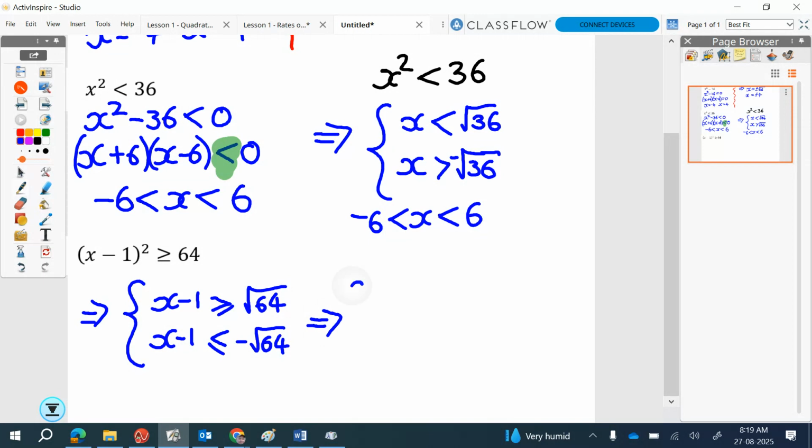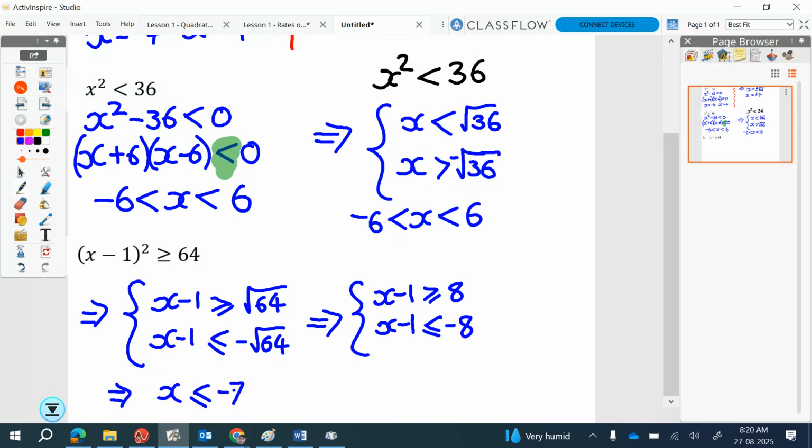This gives me x minus 1 is greater than or equal to 8. x minus 1 is less than or equal to negative 8. Which implies that x is less than or equal to negative 7, or x is greater than or equal to 9.